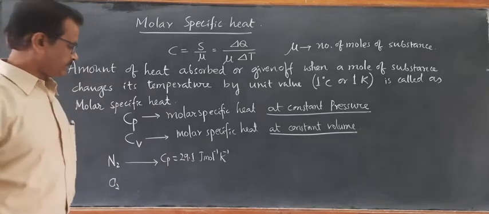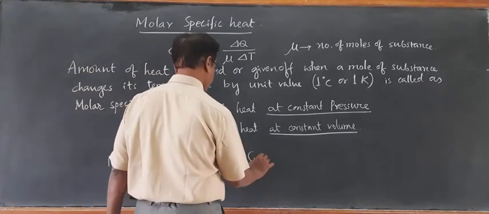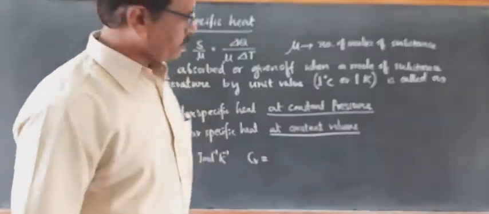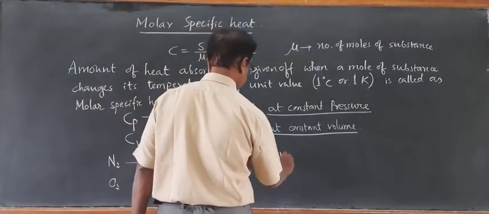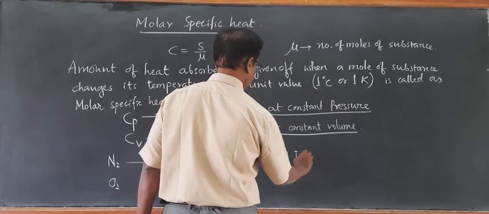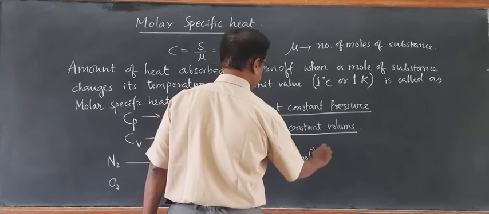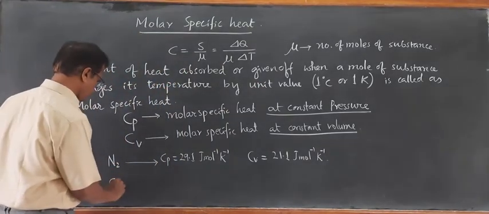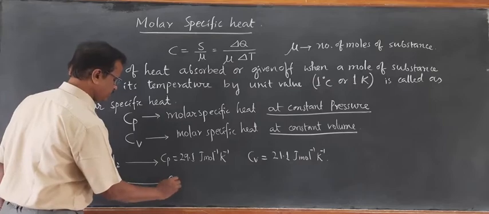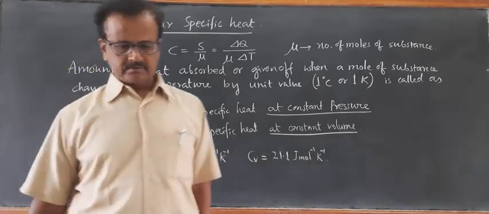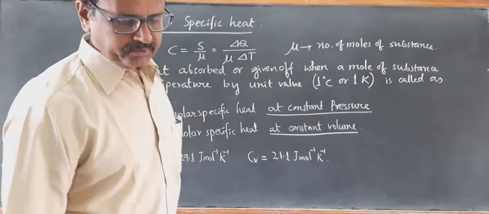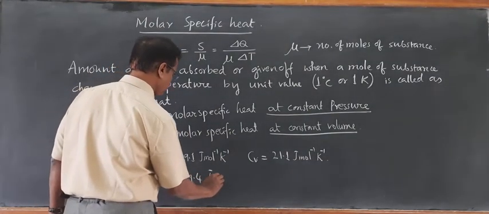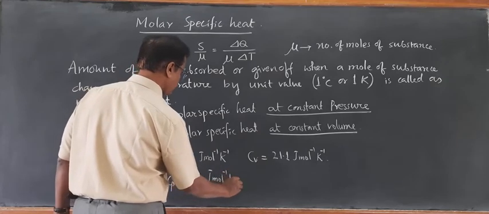Cv value for nitrogen is 21.1 joule per mole per Kelvin. One more example is oxygen. Cp value of oxygen, from the data, is 29.4 joule per mole per Kelvin.